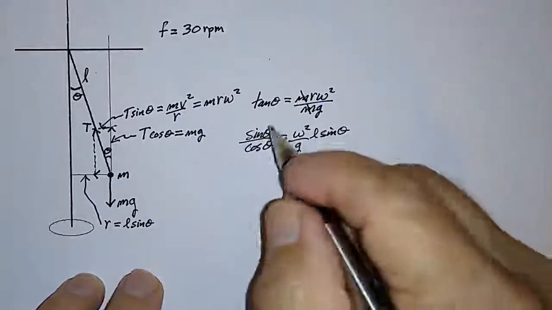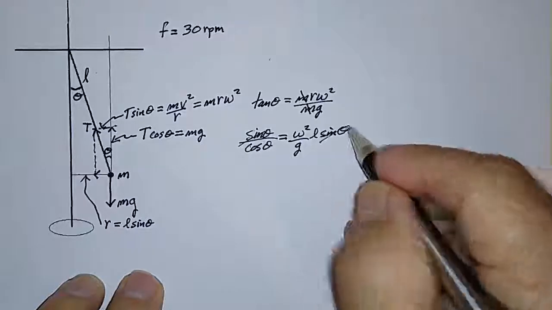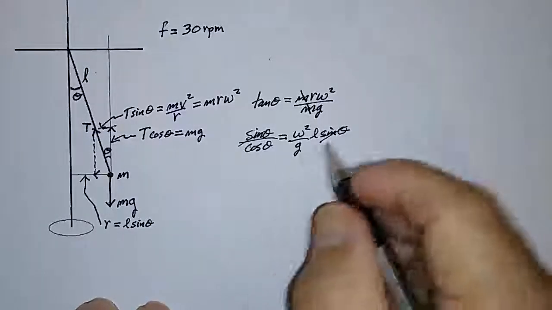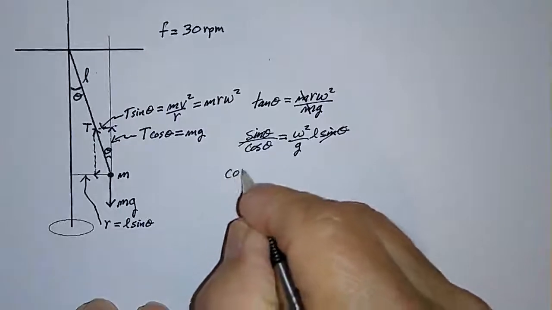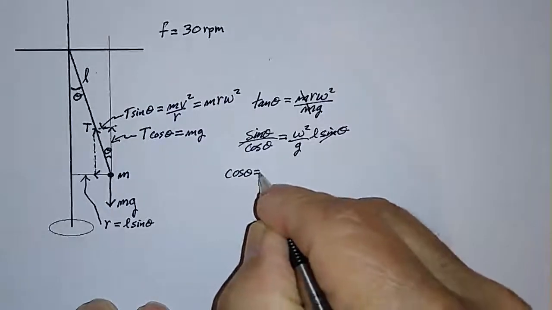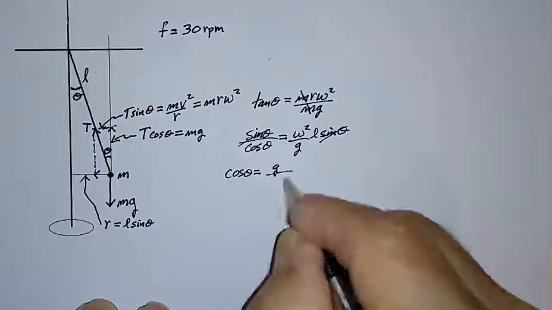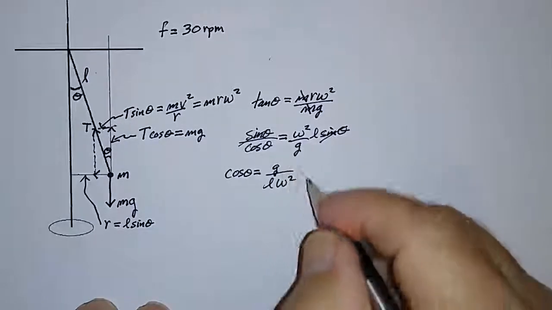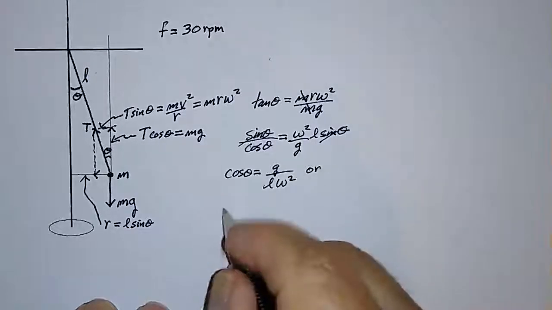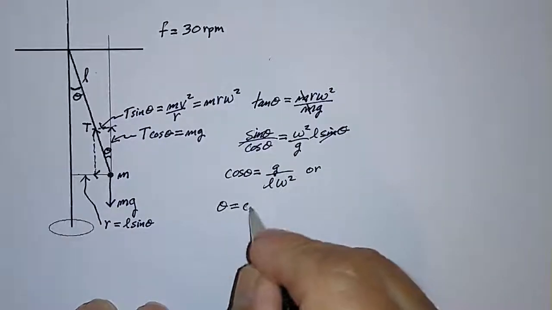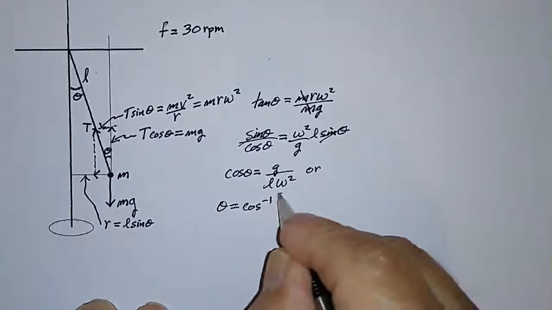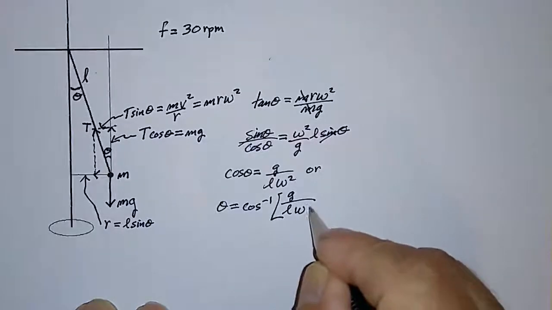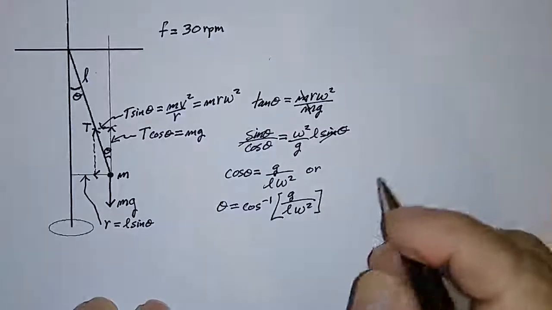That's why I wrote it this way, in anticipation of being able to divide both sides by sine theta. So that tells me then that cosine theta is just equal to g over L omega squared, or theta is equal to the angle whose cosine is g over L omega squared.